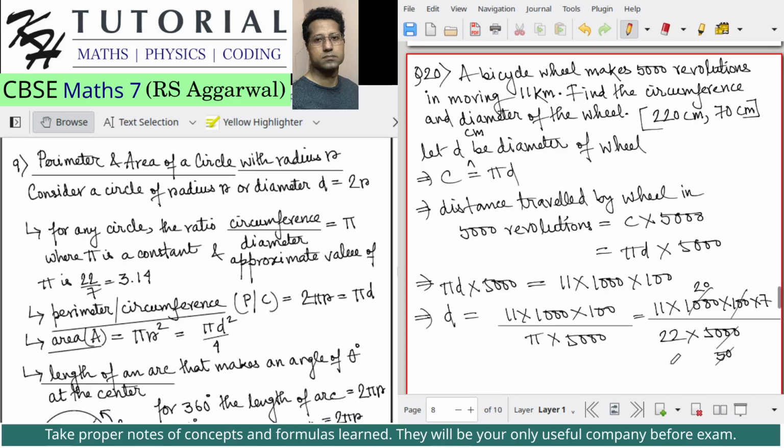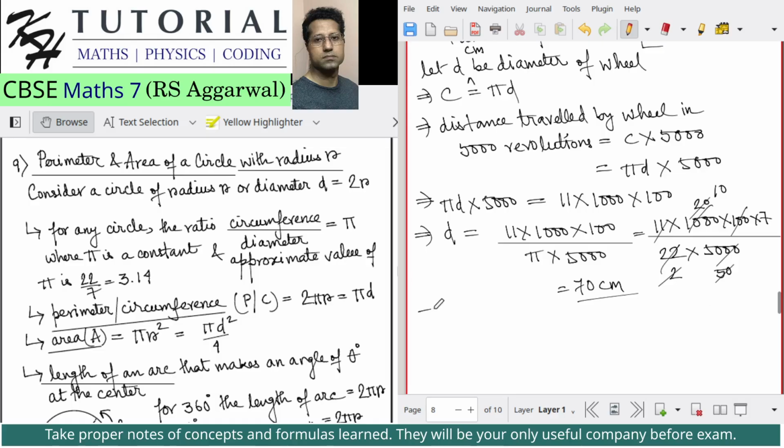And 11 divides 22 with 2, and 2 divides 20 with 10. So this becomes equal to 70 centimeter. So d, that is the diameter of the wheel, is 70 centimeter.